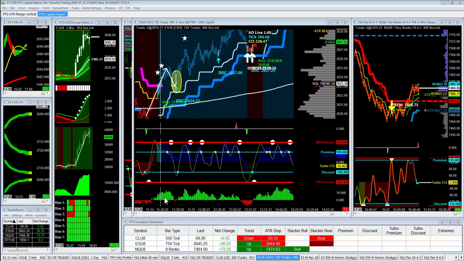So for instance, if the volume is being transacted on average on the offer side of the market, it's going to display green above the zero line. And if it's opposite, if the majority of action and trade is being transacted on the bid side of the market, it will show up as red.